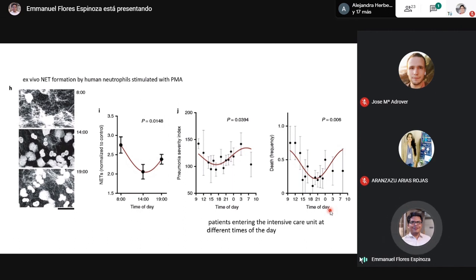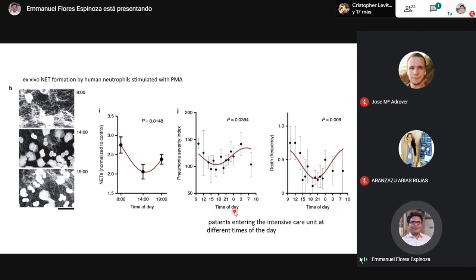And we can see that this analysis indicates that they analyzed these patients by the time of the day that they were admitted to the intensive care unit.